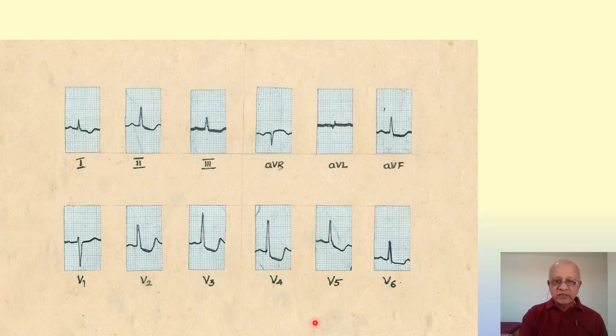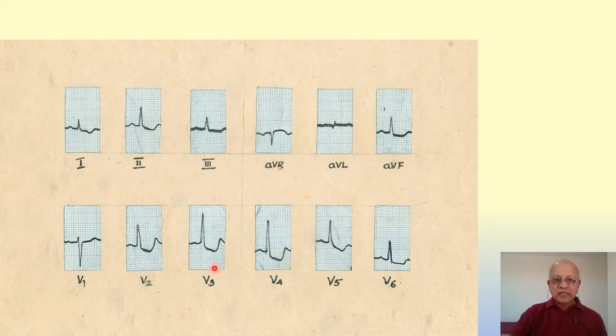If this ECG is given to you alone, even if you tell me it is digoxin toxicity, I will not contradict you. That is why we give a history for the ECG. It is very important that you always interpret an ECG in light of the clinical history and symptoms of the patient. Okay.